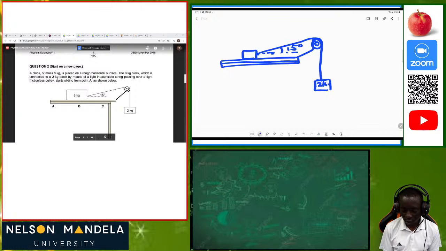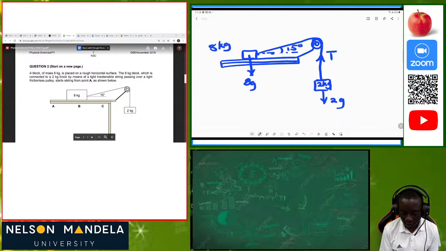I've just redrawn the diagram that the question was showing. So this is the 8 kg block. We're saying the weight of the 2 kg block, let's call it 2g, mass times g. So we'll call this 2g, we'll call this 8g. Then the tension in this part of the string is upwards.